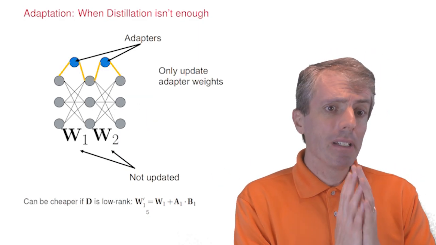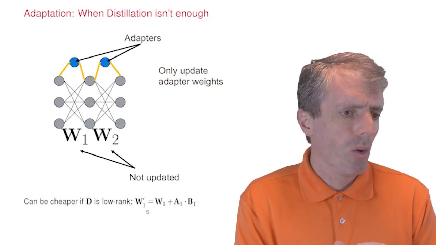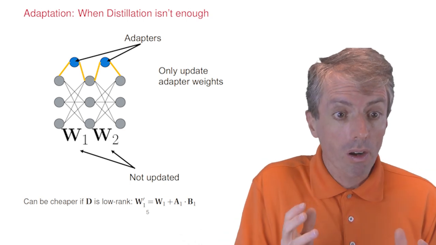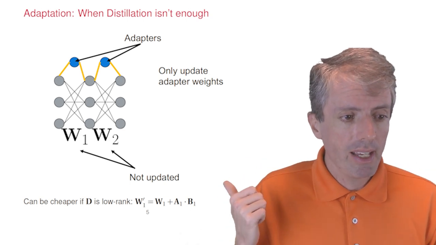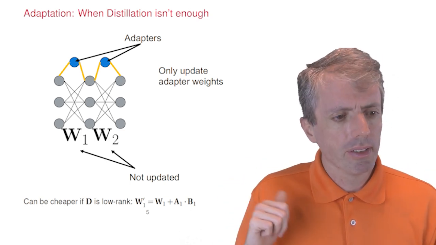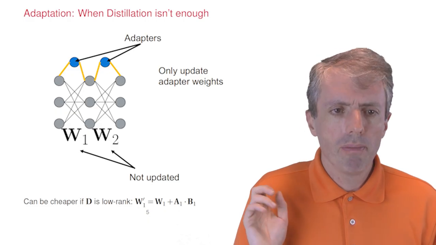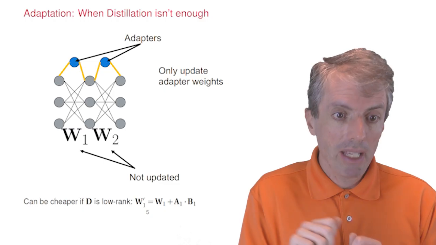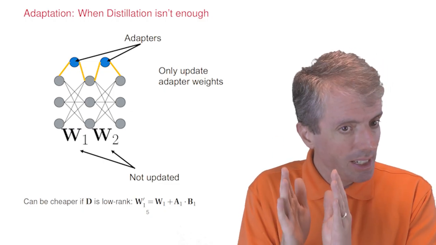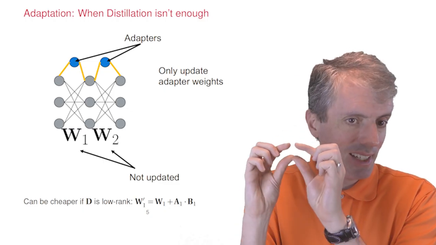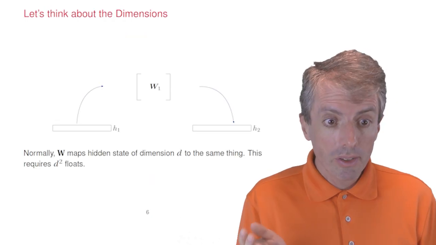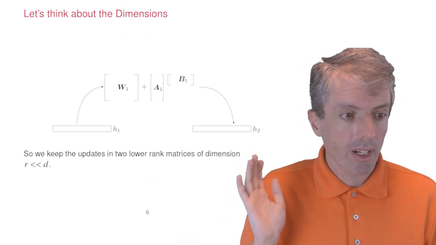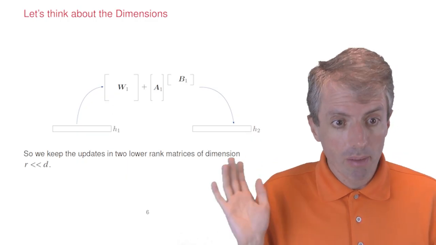And maybe we can represent that delta with smaller matrices. Now, of course, the delta needs to be the same dimension as the underlying parameters, but maybe we could make it a matrix multiplication of A and B, a tall skinny matrix and a short fat matrix. If you do that, you can get all d-squared entries. This is called a low rank approximation of W1.